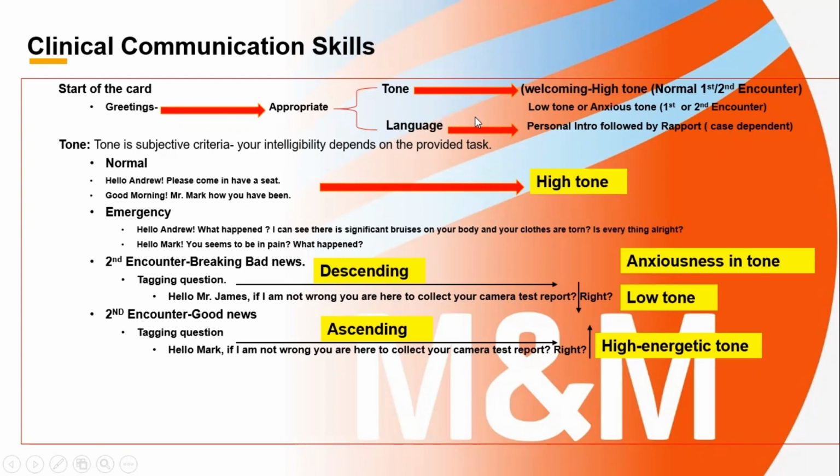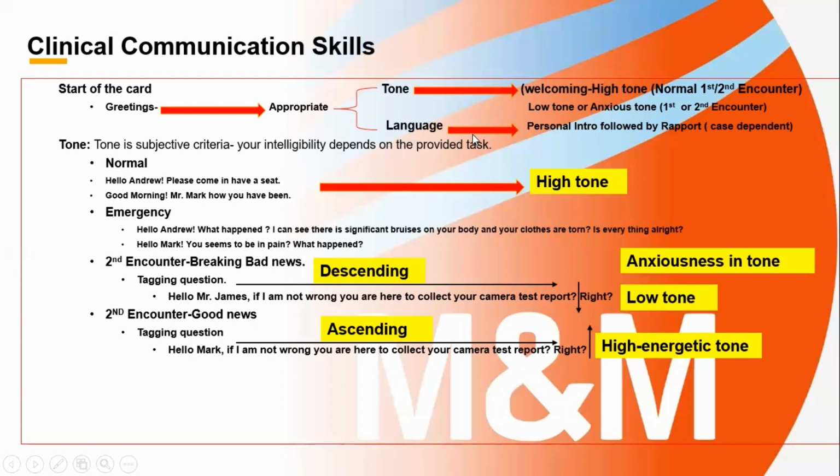Normally, if we have normal circumstances, either a first or second encounter, we must have a high welcoming tone. And if the situation demands it, you address your tone accordingly, and we can have a low tone or a state of anxiousness.